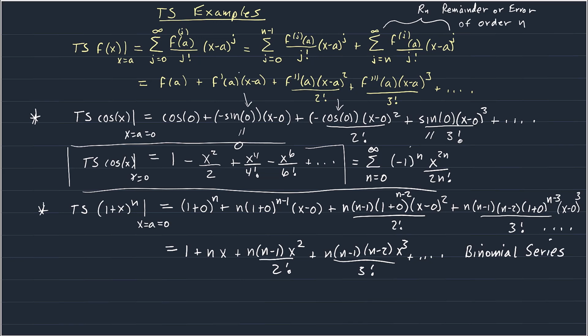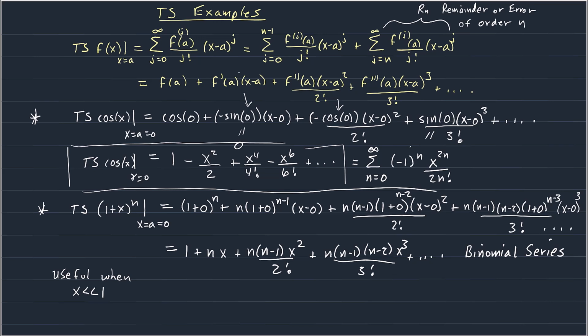And this is widely used in physics if we have a function that is raised to an arbitrary power. So this is useful when x is a lot less than 1, because if x is a lot less than 1, you can see that as we take higher and higher powers of x, these terms get smaller and smaller and smaller.